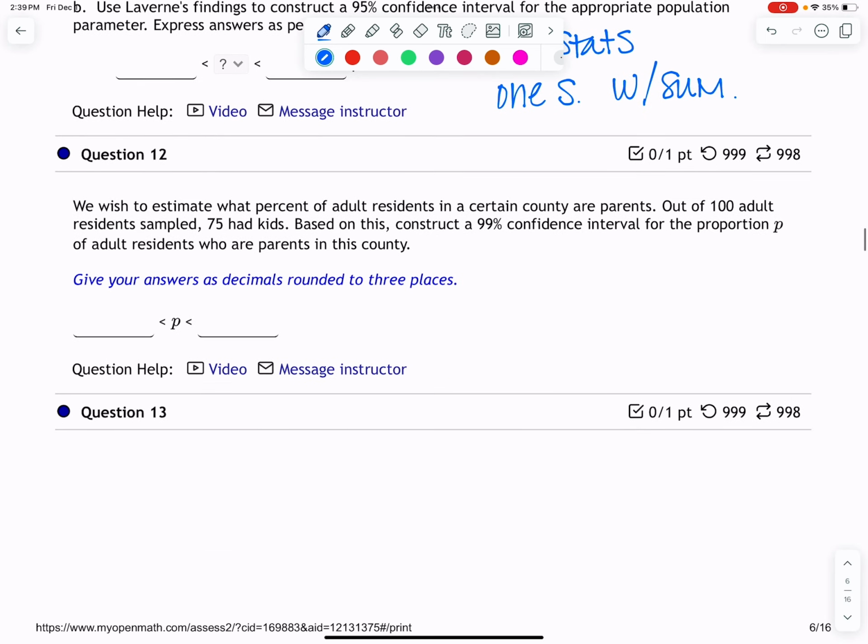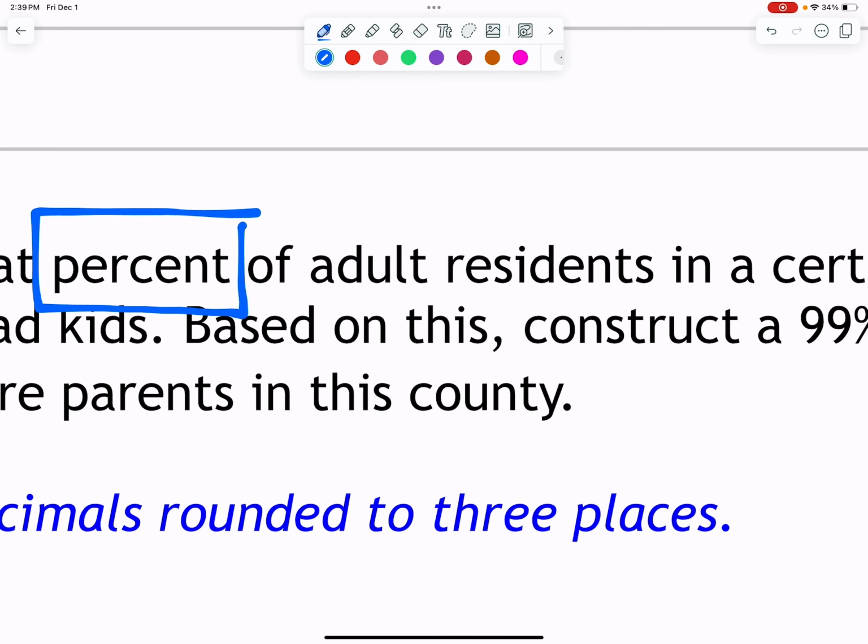The difference with 12 is that right off the bat, they tell you percent, and we talked about how the P in percent was a clue that you are going to use proportions.